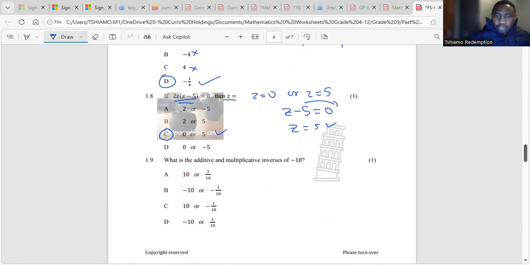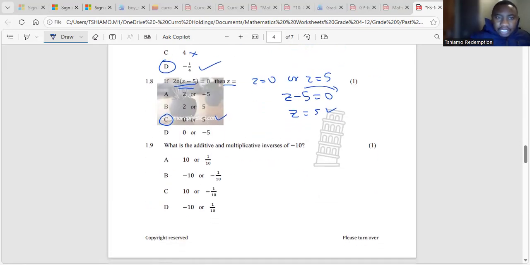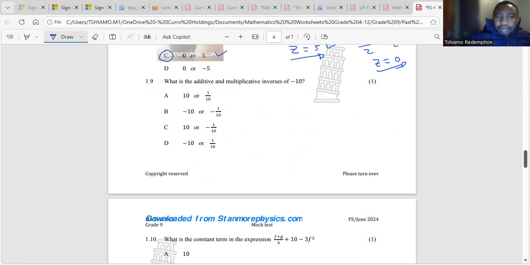You should know this one. The z that's outside becomes equated to 0: 2z equals 0. Divide both sides by 2, it still becomes 0. So we have 2 values of z there.